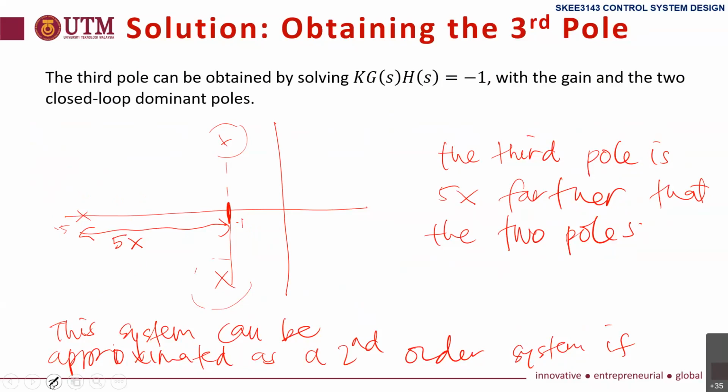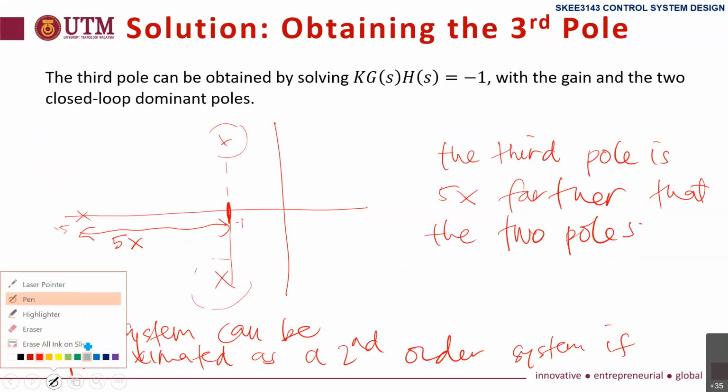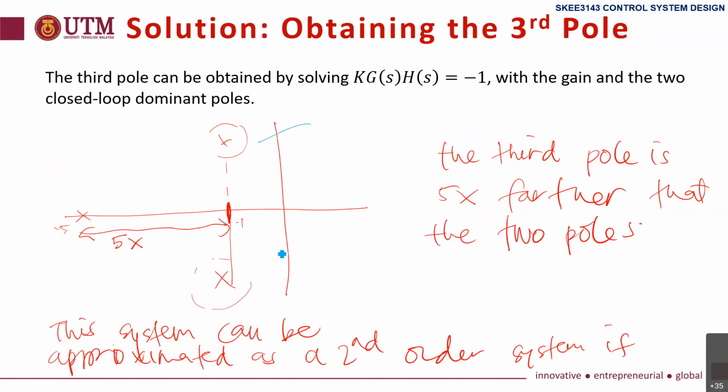And in this case, these two poles are known as dominant poles. They are dominant. The other one is not dominant. Therefore, we can approximate the system as a second order system.